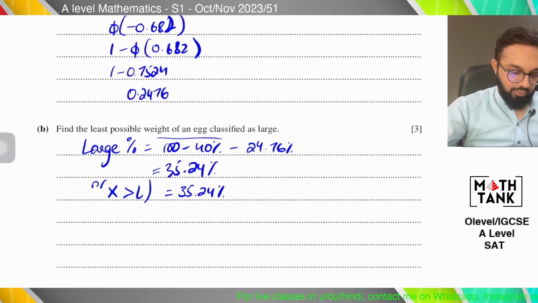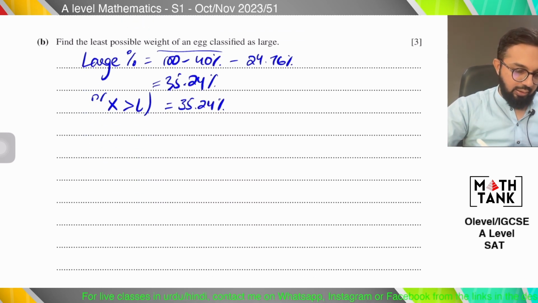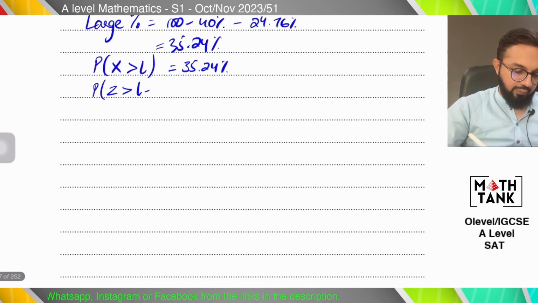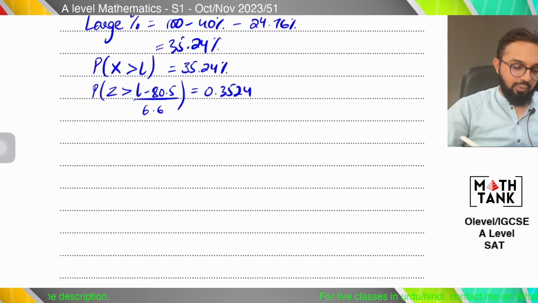So I'm going to use my normal distribution again and say that z is greater than L minus 80.5 divided by 6.6, equals 0.3524. So 1 minus phi of (L minus 80.5) over 6.6 equals 0.3524.